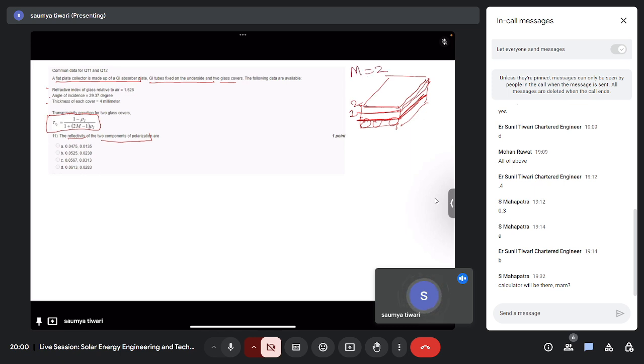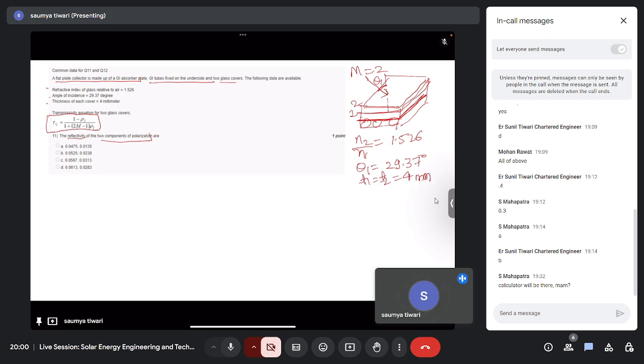Now what else is given in the question? N2 by N1, the refractive index ratio, is given as 1.526. The angle of incidence is given, this theta 1 angle, which is 29.37 degrees. And the thickness of the covers, T1 and T2, is 4 millimeter.